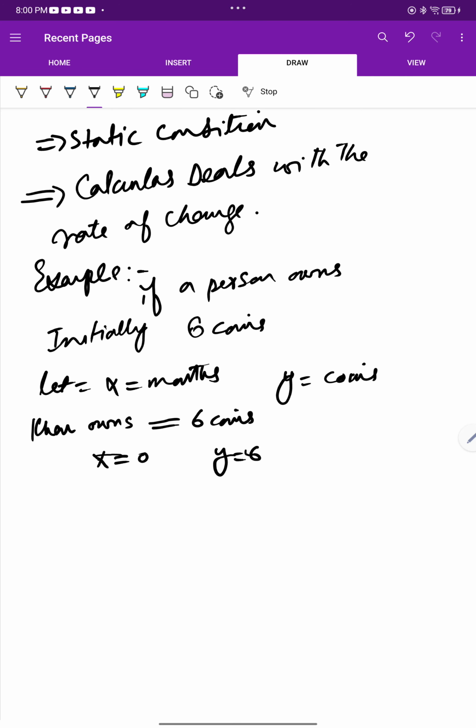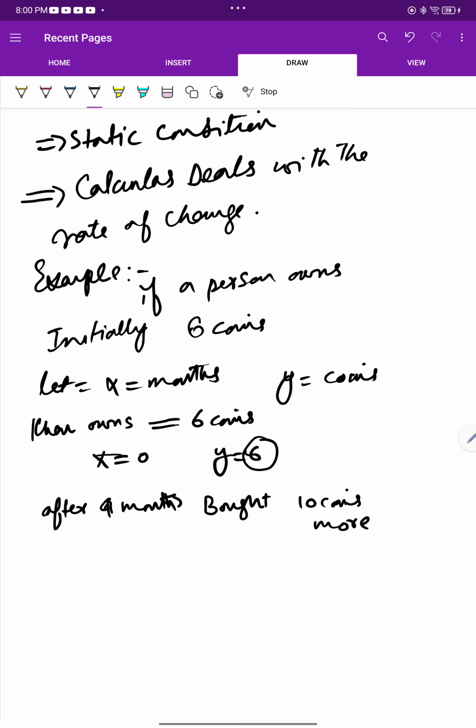And after 4 months, another person, not me, buys 10 coins more. So now it's 4 months.